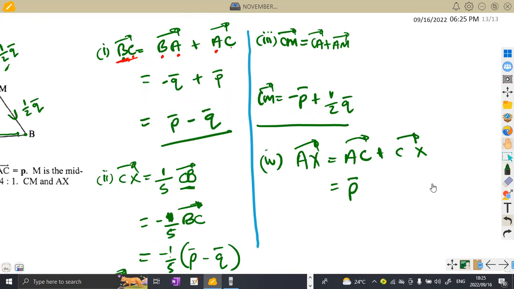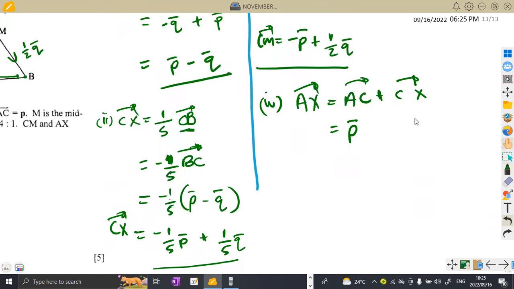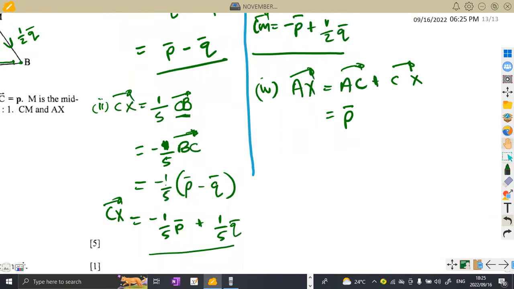So CX, now we take the answer that we got here, because remember, you calculated your CX here. We got negative 1/5, so it's negative 1/5 vector P, plus 1/5 vector Q. So this is what we got here.